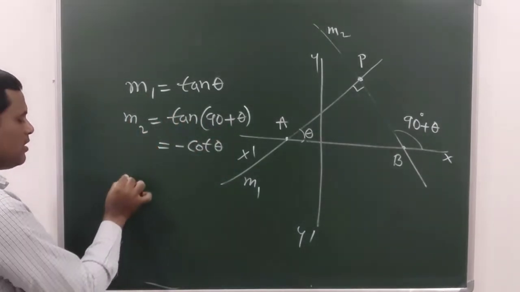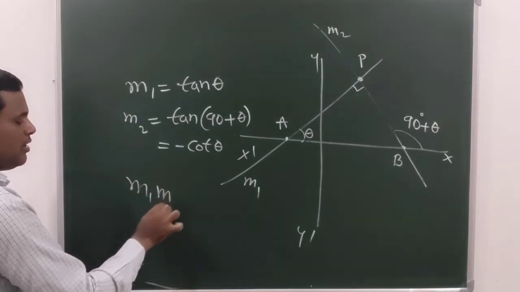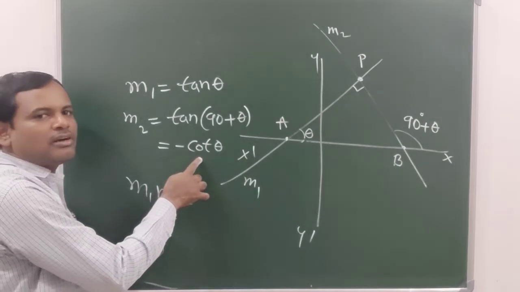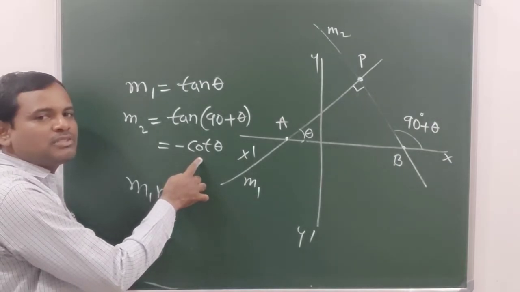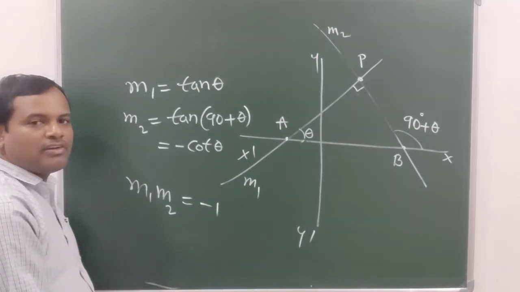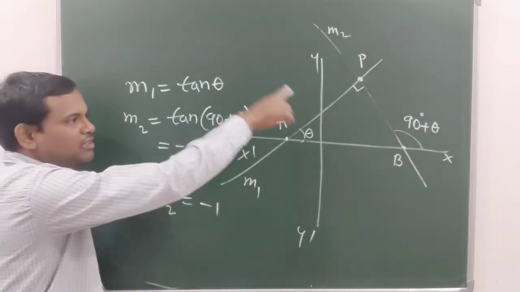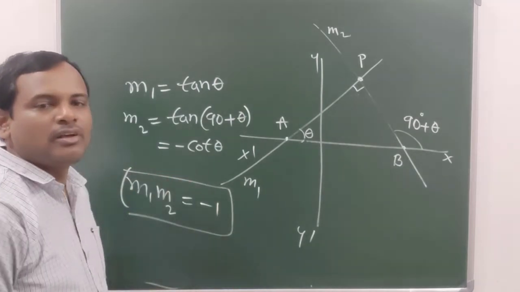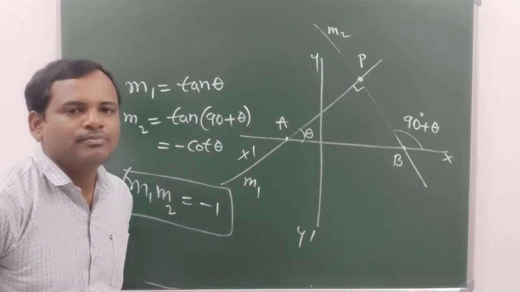Now take the product of these two. M1 into M2 is equal to how much? Tan theta into cot theta becomes 1. So here minus sign is there. So that we get product of their slopes is equal to minus 1. Remember this point also.